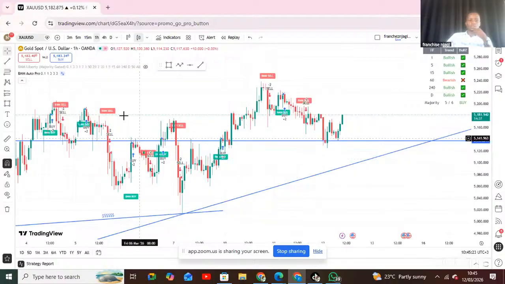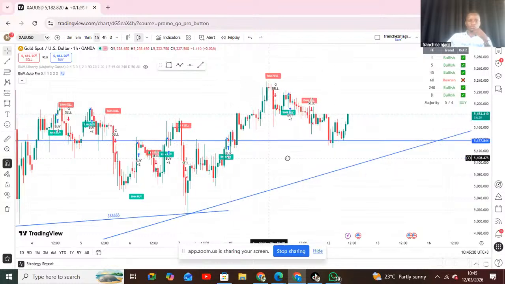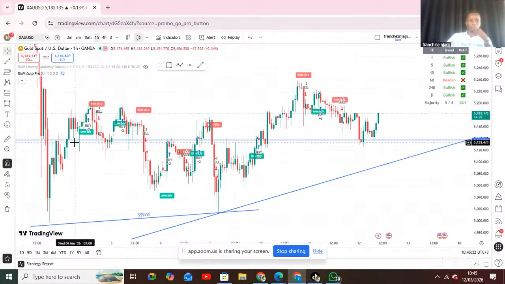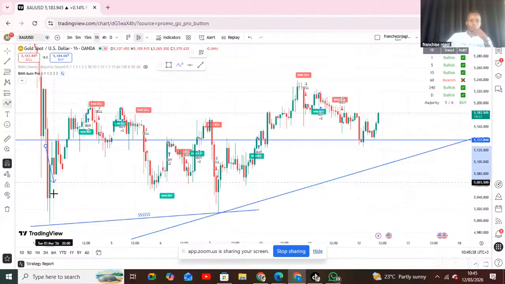As you can see, gold here on the 1 hour time frame, we had a history of this market coming from here and retesting this area, came again and broke.